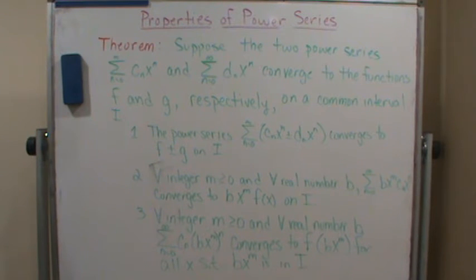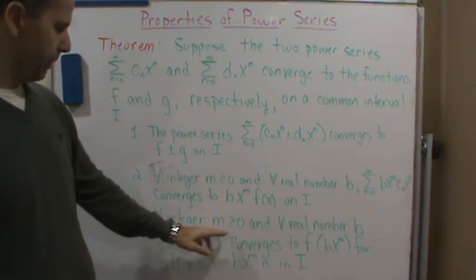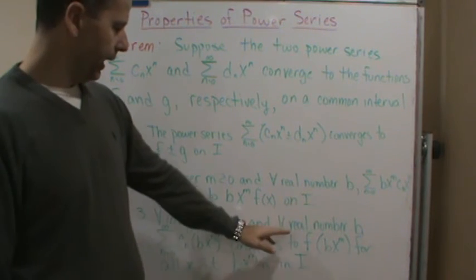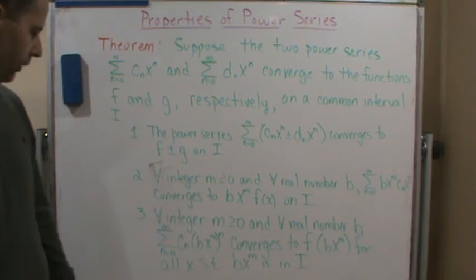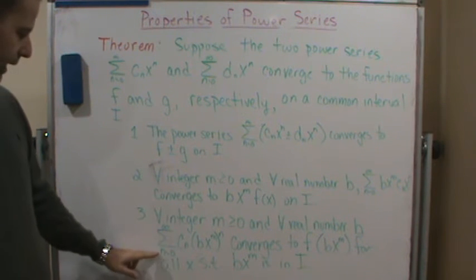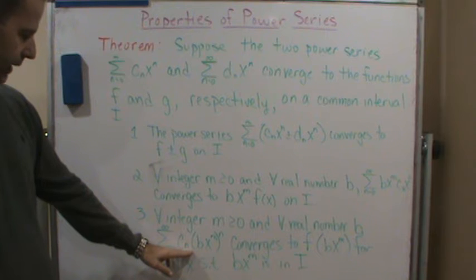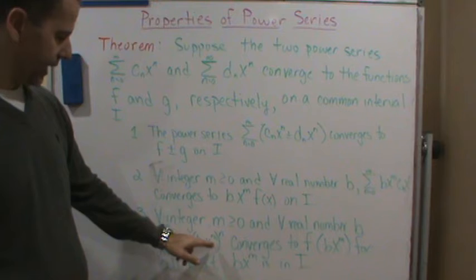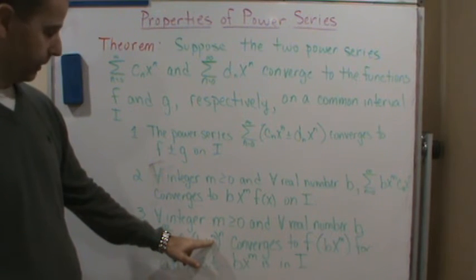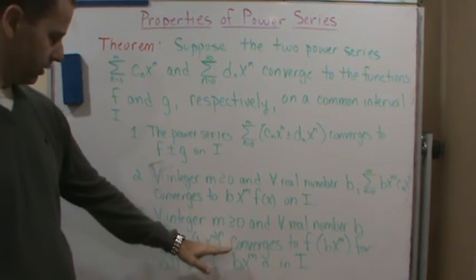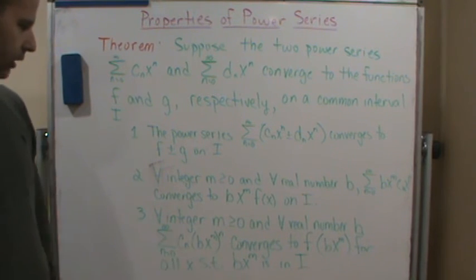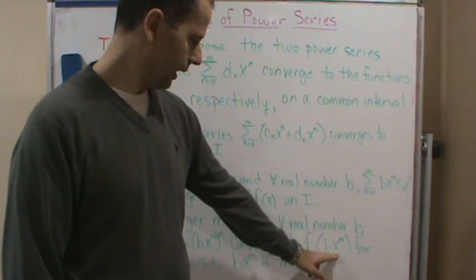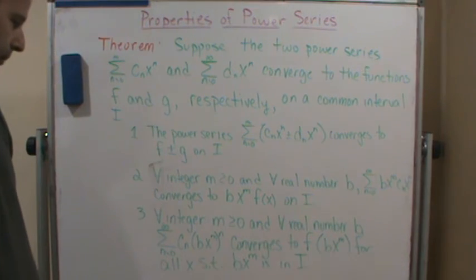Okay? And then 3, for any integer m, so again, the same setup, for any integer m greater than or equal to 0, and for any real number b, then we can say that the series from n equals 0 to infinity of c sub n times b times x to the power of m, to the power of n, so we have this situation here, converges to just f of b times x to the power of m.